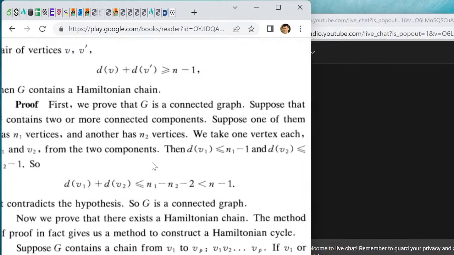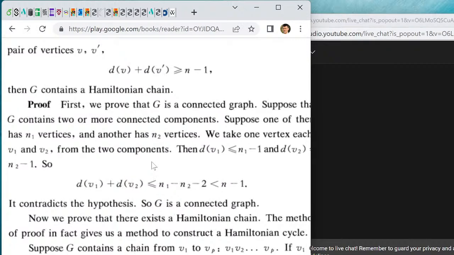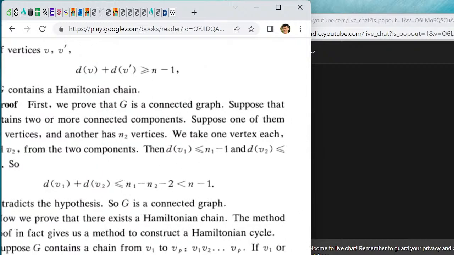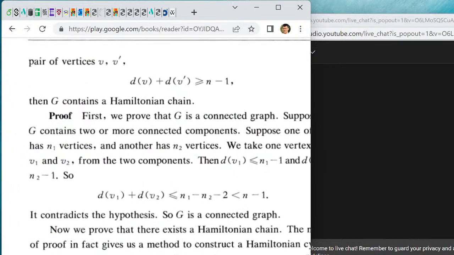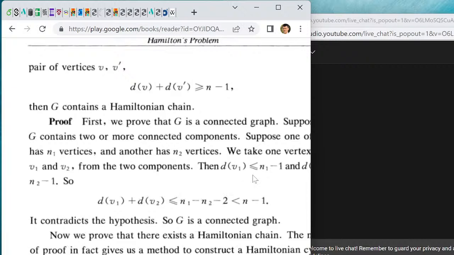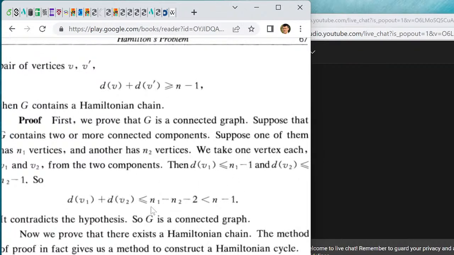So each of their degrees, why is it less than or equal to n1 minus 1? So if their degrees are bounded like this, the sum is bounded by this, which is less than n minus 1.